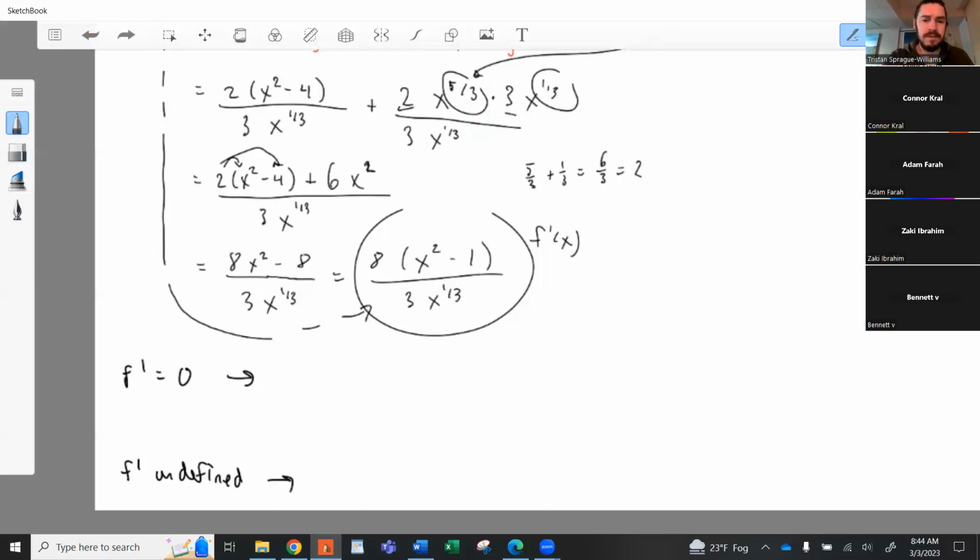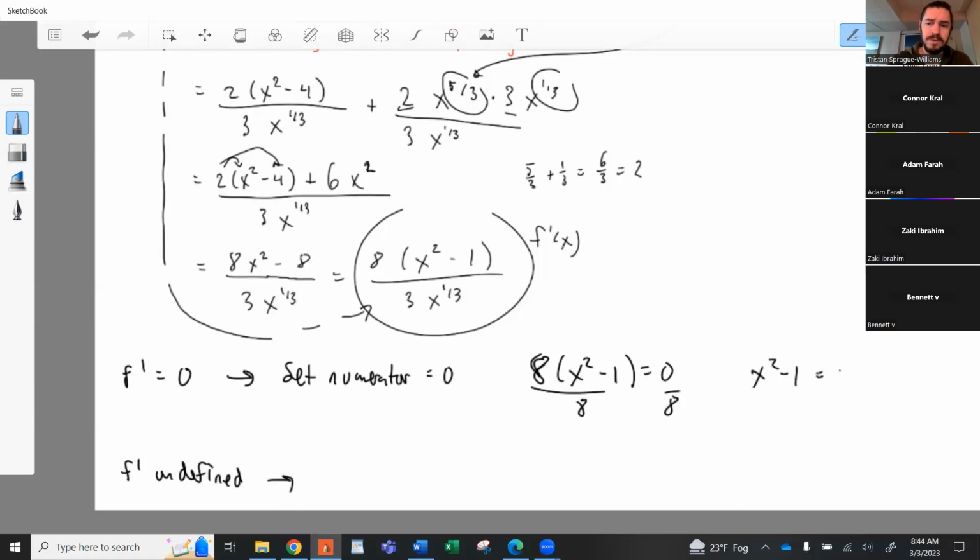Here's how we can go about this. If it's a fraction, it's going to equal 0 when the numerator equals 0. So 8 times x squared minus 1 equals 0. We don't care about the 8. We can divide both sides by 8 and just get x squared minus 1 equals 0, so x squared equals 1.